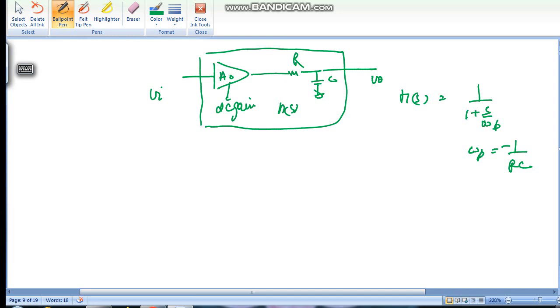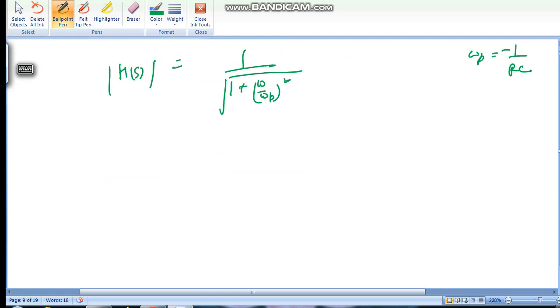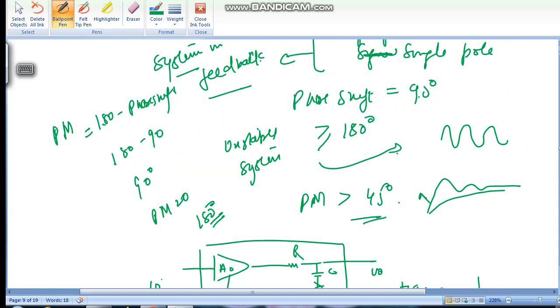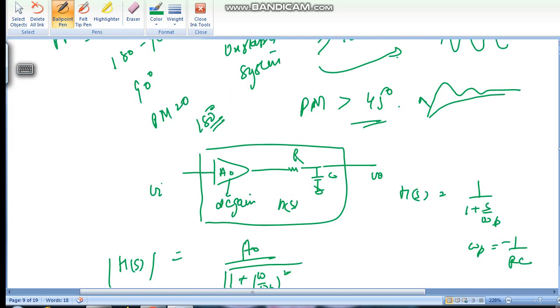Now the magnitude response is given by A naught over the square root of 1 plus omega upon omega p squared. We represent our Bode plot in dBs. So magnitude in dB is given by, here this is A naught, the DC gain, I forgot to add this.